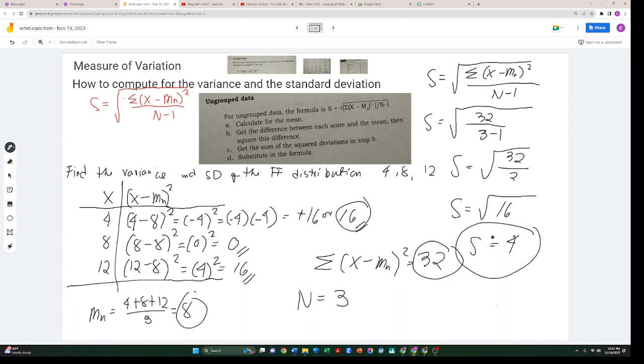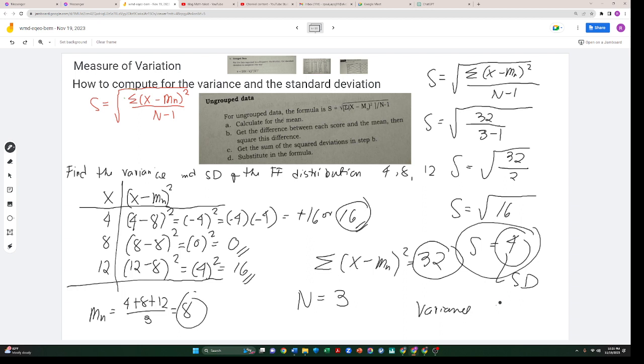Therefore, your standard deviation is 4, and your variance is just s squared. Again, the standard deviation is the square root of the variance.